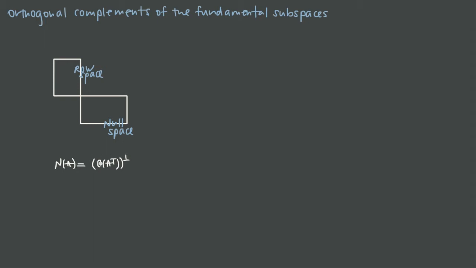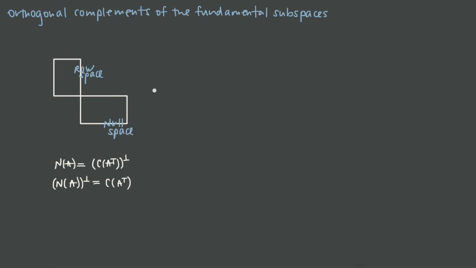Or we could do it the opposite way: the orthogonal complement of the null space is equal to the row space, which is the column space of A transpose. In other words, in the same way that we had the spaces V and V perp, we have these equations that relate the row space and the null space.